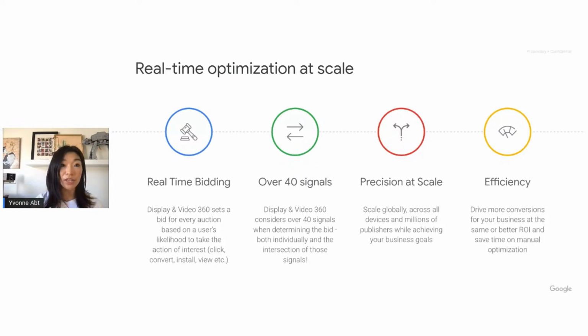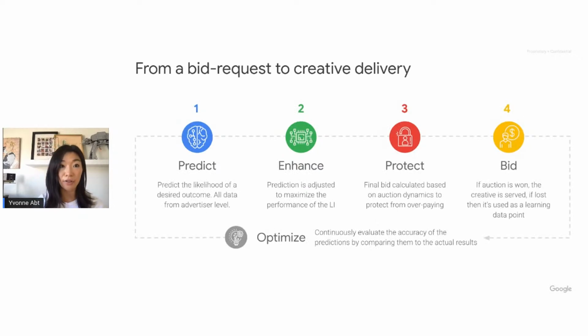What I think is really key here on the slide is that it's learning from a lot of different signals. It's not just one dimensional. And it's also learning in a way that fits today's modern digital marketing, looking across different devices to get you that precise suggestion at scale.